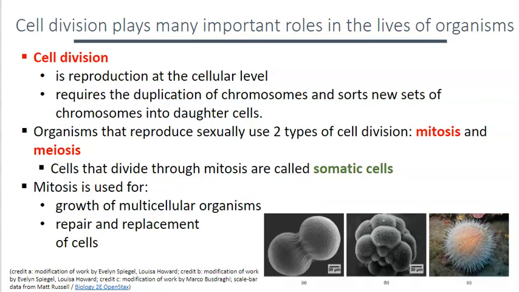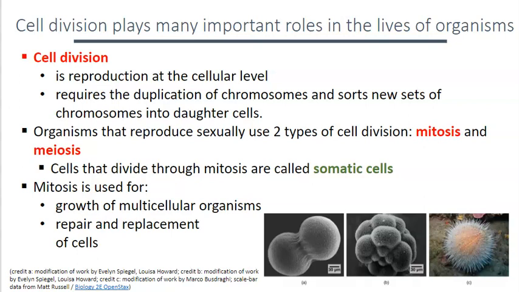There isn't this necessity for male and female gametes to come together and fuse to form a zygote. So I do think it's important to recognize that although we're going to talk about these processes, mitosis and meiosis, not every organism is going to do both. Again, meiosis is a process that's done by organisms that reproduce sexually.